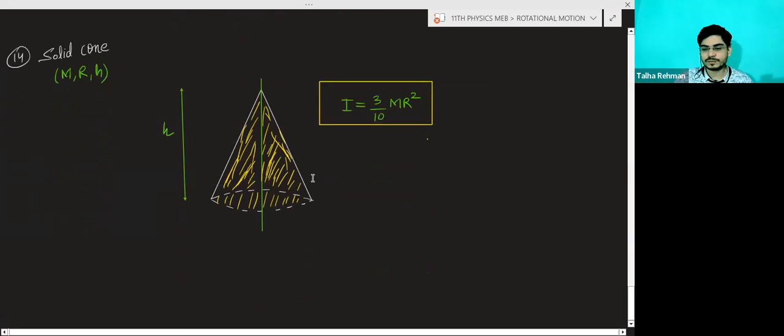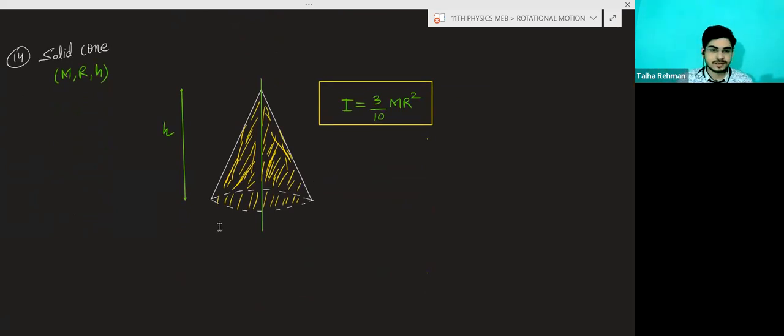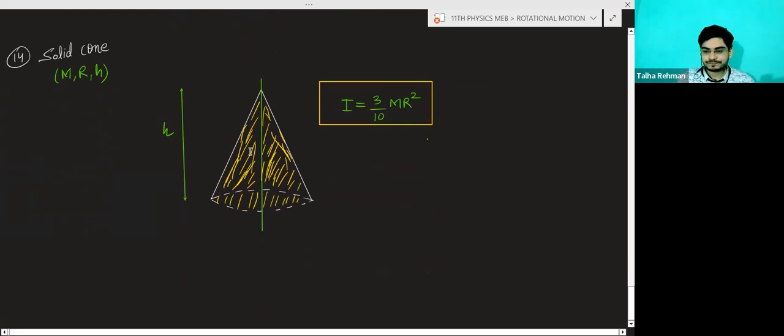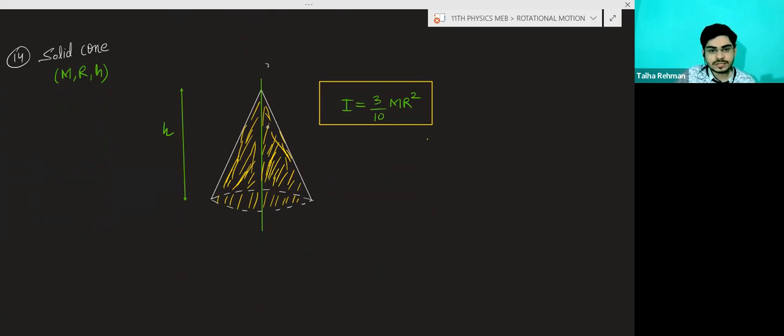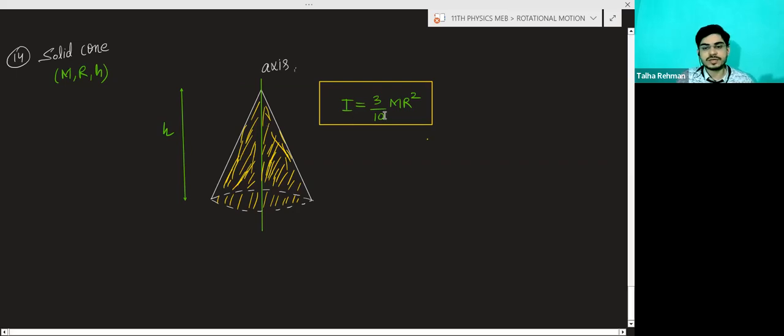You can take the example of conical ice cream if you remove the upper part, the upper hemisphere, as we have seen. So the moment of inertia of a solid cone about this axis will be 3 by 10 mr square.